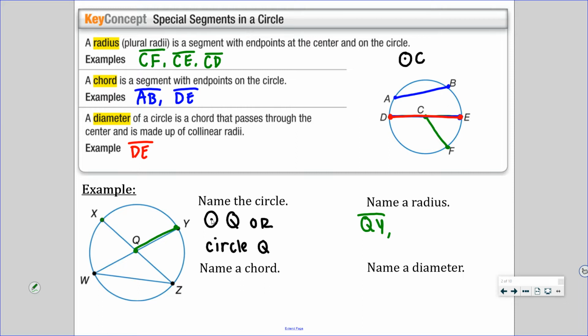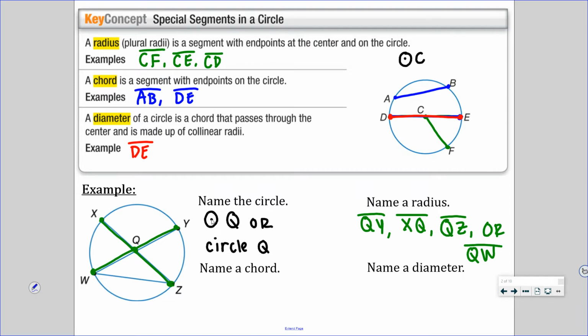XQ. Walker? QZ. Dakota, last one? QW. Good. Any of those would be acceptable answers.